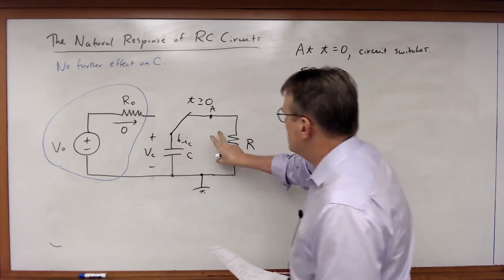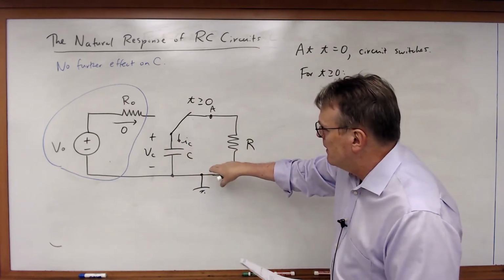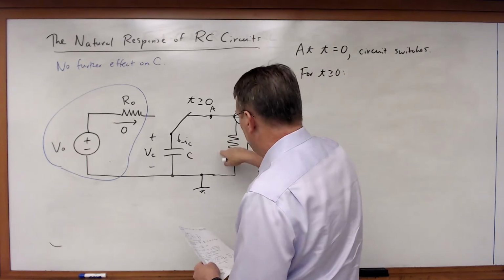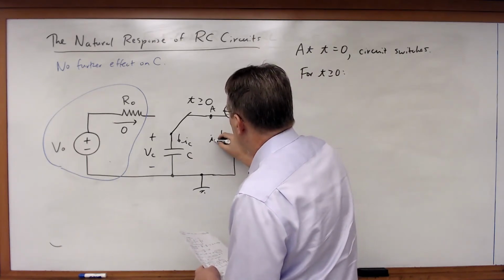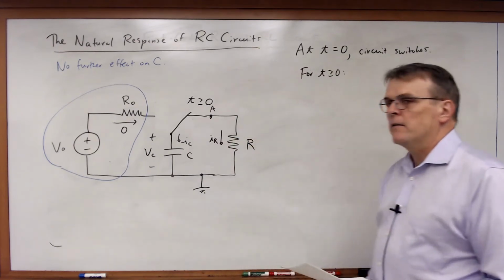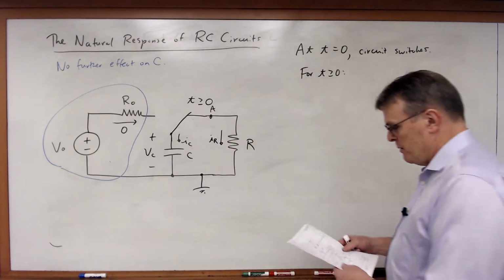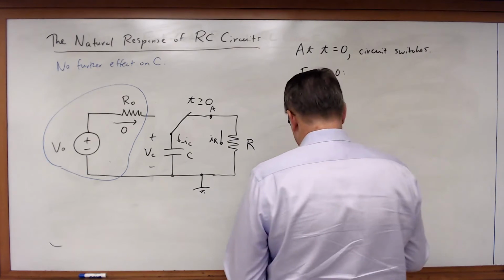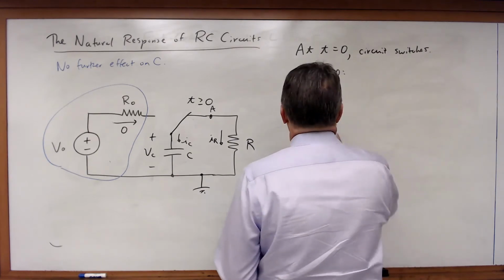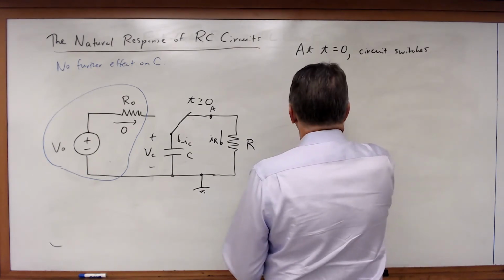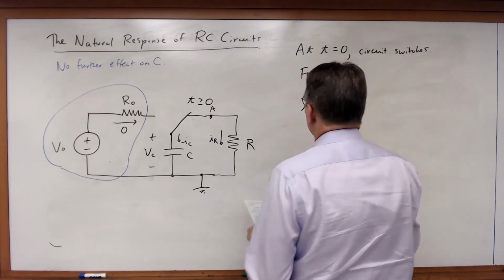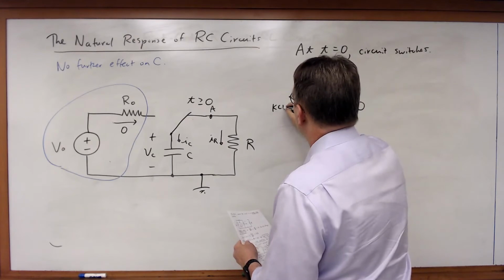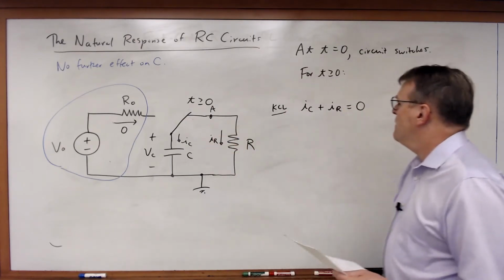The voltage VC, since these two elements are now in parallel, must also be the voltage across the resistor. So I'm also going to define a current IR. And so in this case, IC plus IR are equal to 0 by KCL. So that's for my node A.